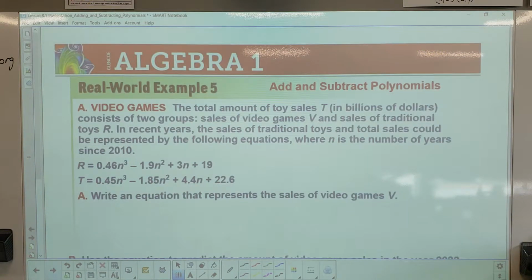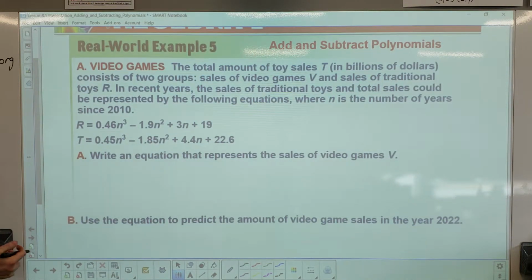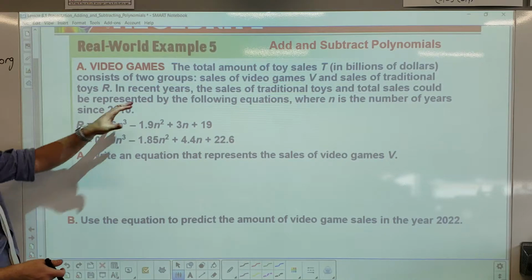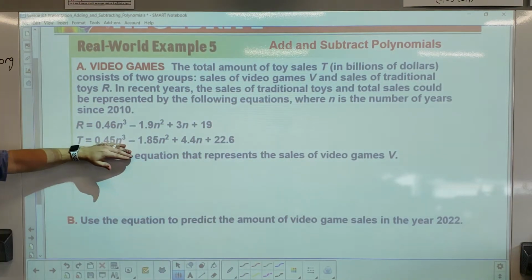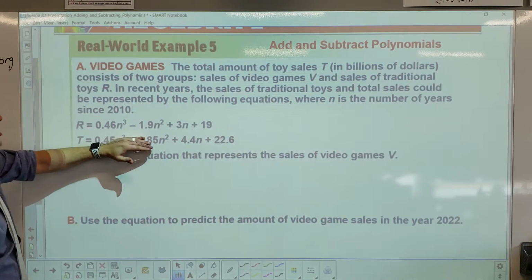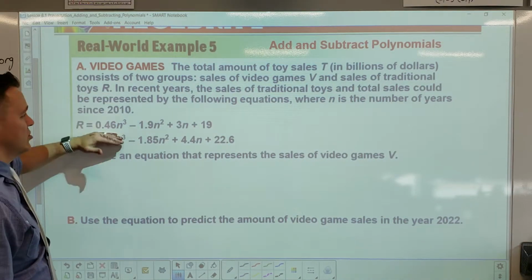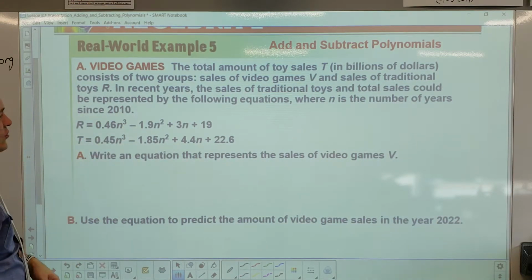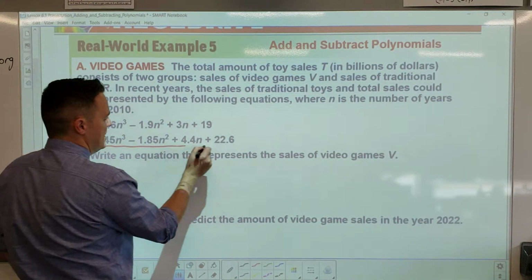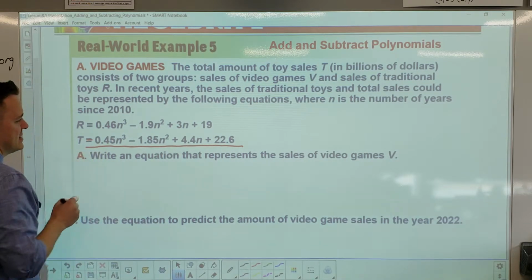Okay, last thing is kind of a real world situation. You're talking about total sales of toys and video games. R is traditional toys. So what you're going to do is actually subtract these two from each other. So you would put a little minus sign here.